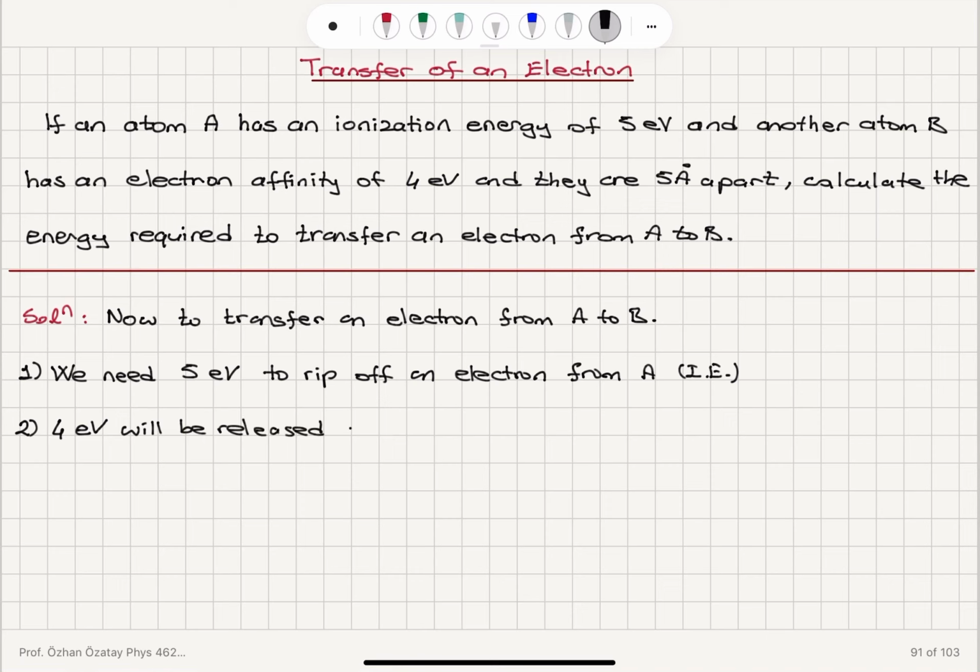When B gains an electron, that is the electron affinity of atom B.